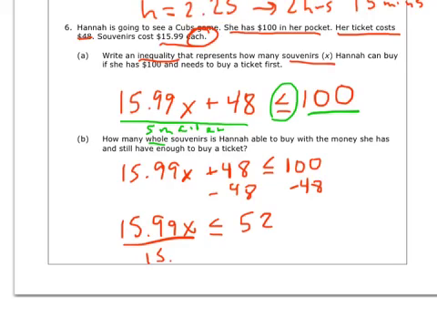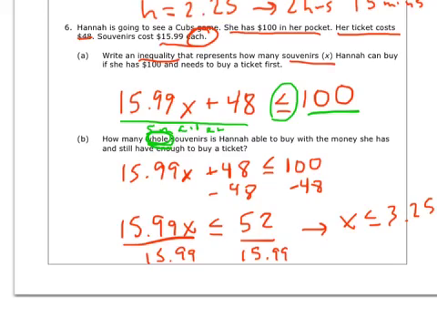Divide by 15.99. And you get x is less than or equal to, let me do this in my calculator, 3.25, which is the rounded version, because it goes on forever. Again, whole souvenirs is what we're looking for.